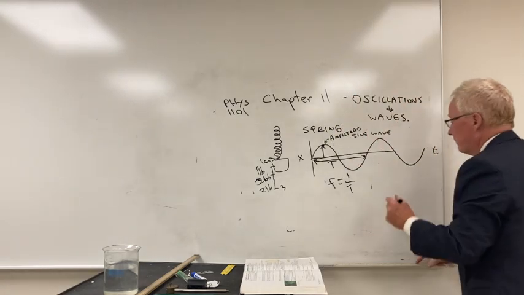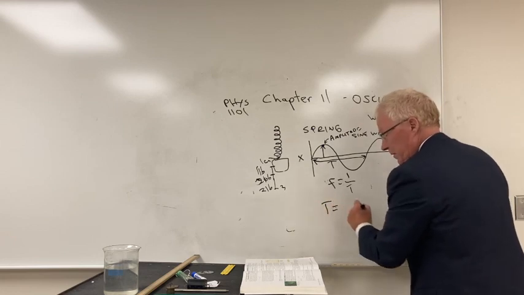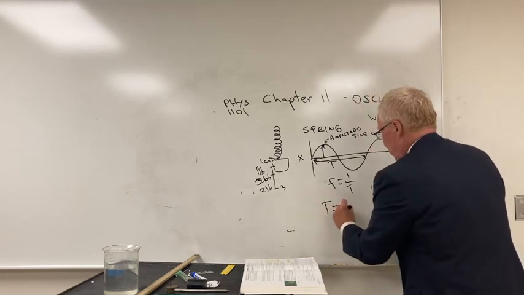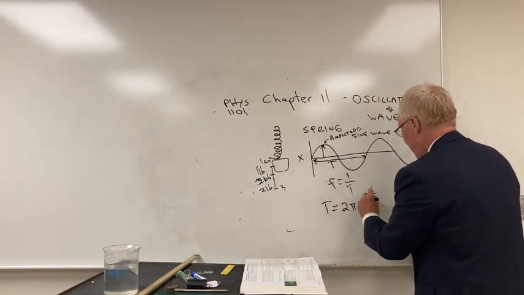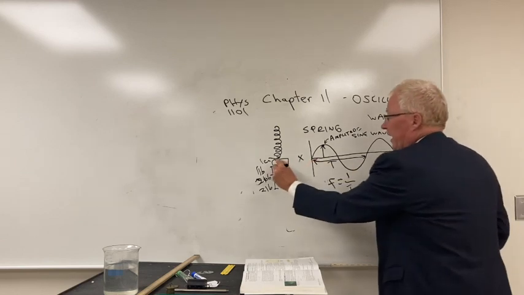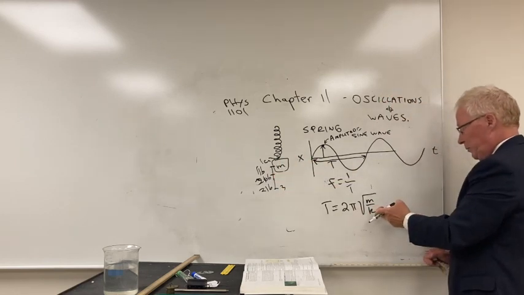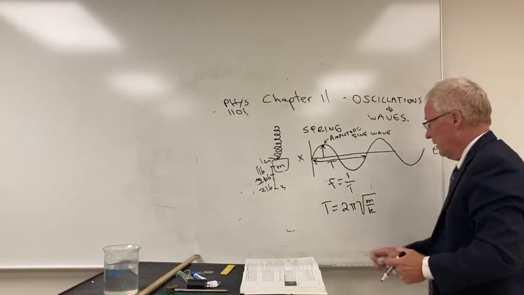Now for a spring, the period, as we mentioned, is given by 2 pi square root of m over k, where m is the mass that's hanging here, k is the spring constant, and 2 pi, we know what that is. So this is the period.